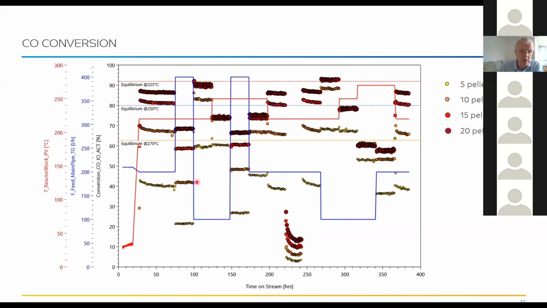So again, at the lowest flow rate, there's 5 pellets, 10 pellets, but 15 and 20 pellets almost give the same result. If I increase the temperature to 250 degrees, you can see there's 5 pellets. The other 10, 15, and 20 pellets give almost the same conversion. It doesn't quite get to equilibrium, but they're pretty close.